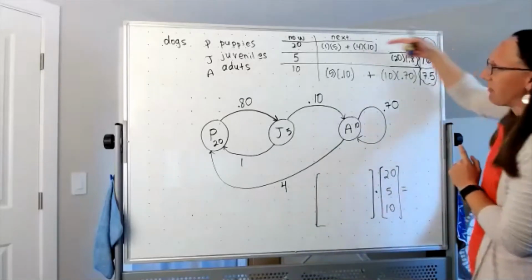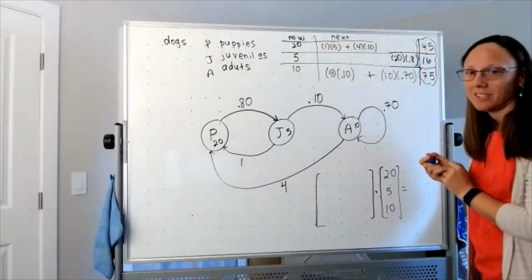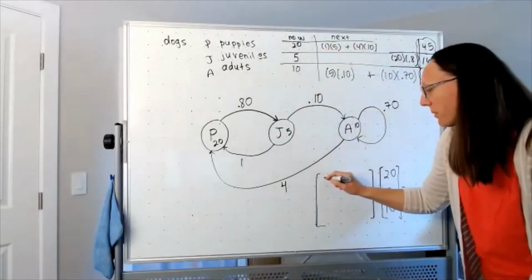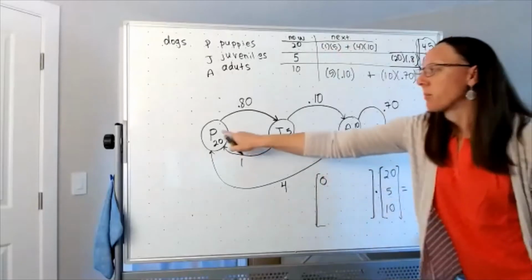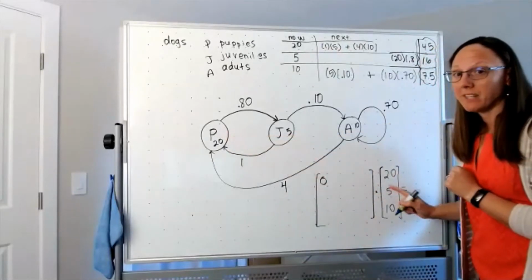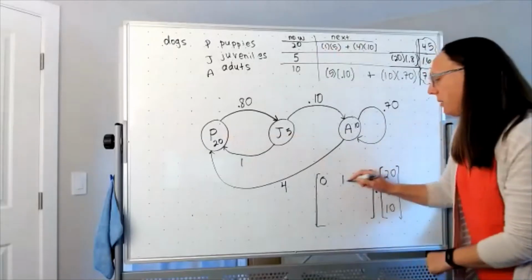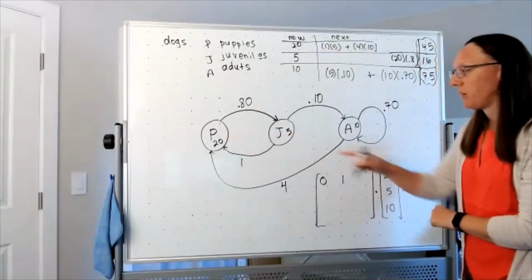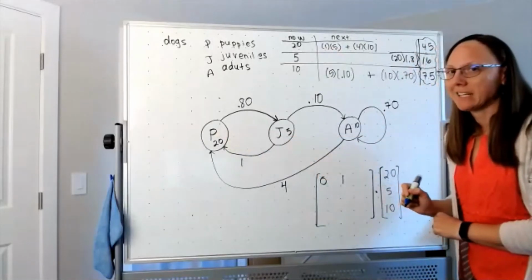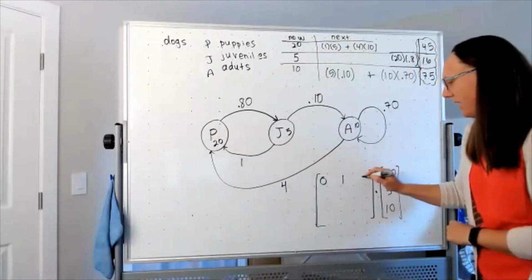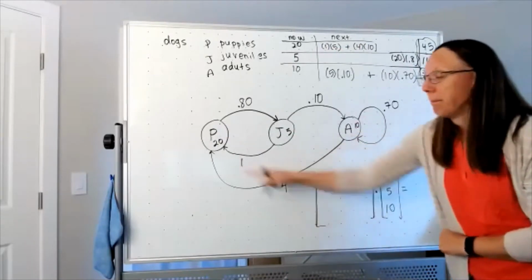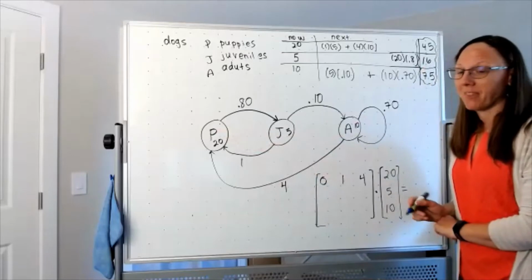If we work backwards from the matrix multiplication angle, if I think about this first row, we didn't have any numbers to multiply by the 20 because our puppies can't make new puppies. But we did multiply the 5 by the 1 because our juveniles made more puppies, and we multiplied the 10 by 4 because our adults made more puppies.